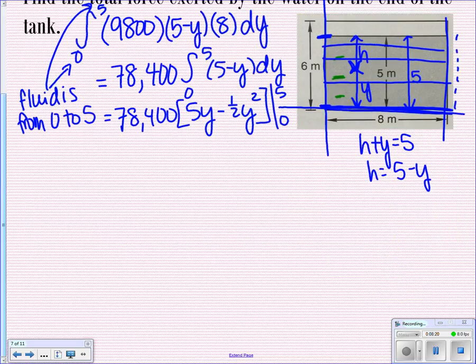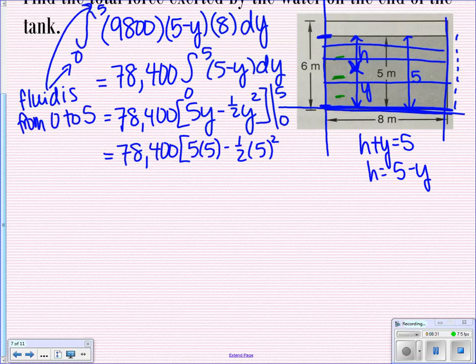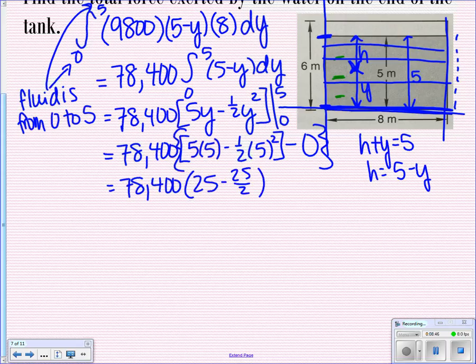After that, you're going to plug in 5. So we have 5 times 5 minus 1/2 5 squared. And then we have to plug in 0. And you're going to subtract it, and when you plug in 0 on this one, you do get 0. So now we have 78,400, and then 25 minus 25 over 2. 25 minus 25 over 2 is just 25 over 2.